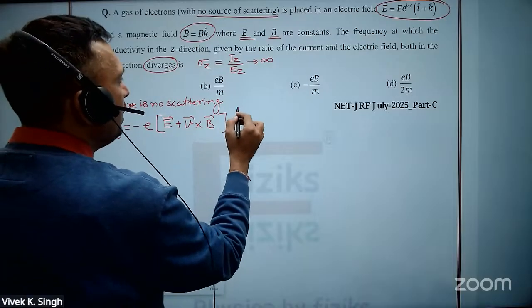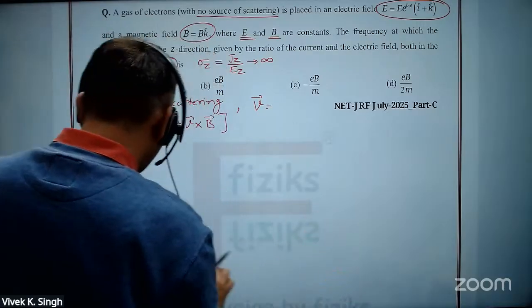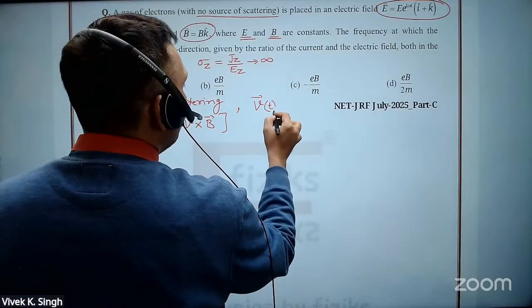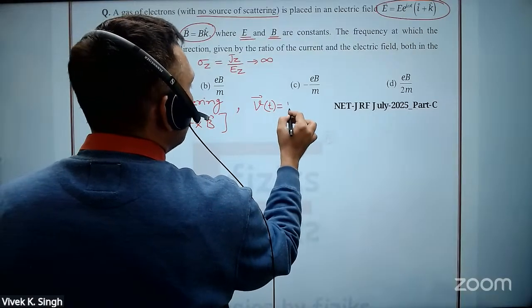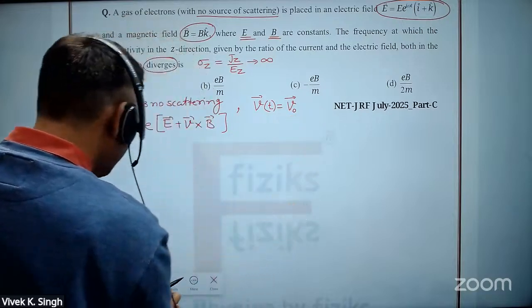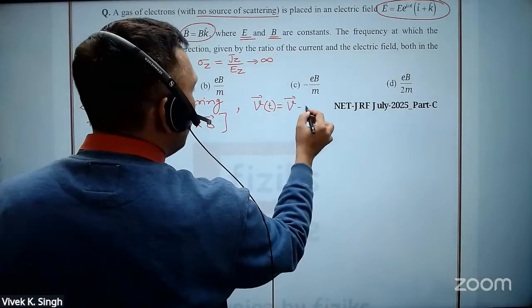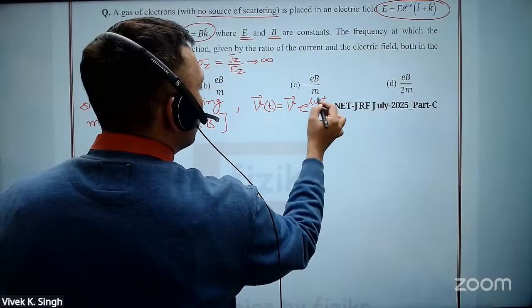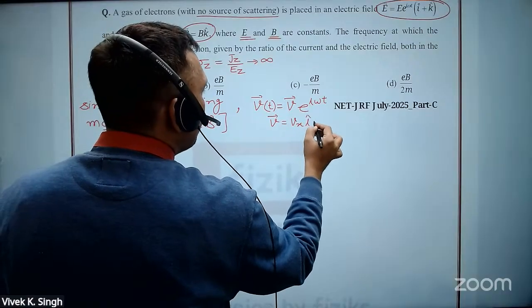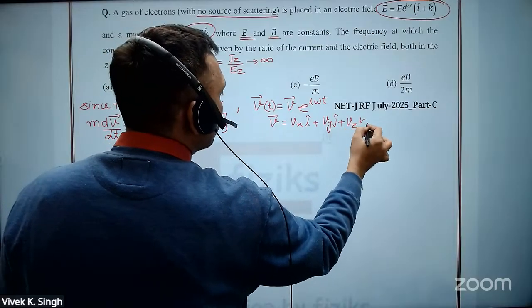What will be V? I am taking V as a function of time, in the same form e power iota omega t, where V has Vx i cap, Vy j cap plus Vz k cap.